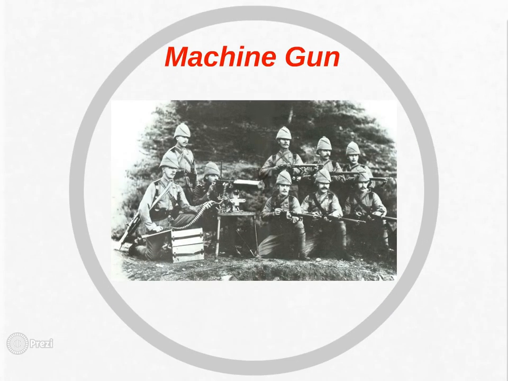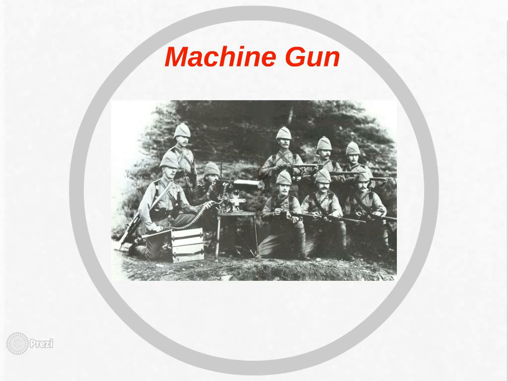And no weapon is more significant in World War I than the machine gun. This is a picture of about a turn of the century, 1900 machine gun, British machine gun. And what machine guns could do, and this still is amazing, these things could fire about 500 bullets per minute. That's incredible. Even by today's standards, that's incredible.